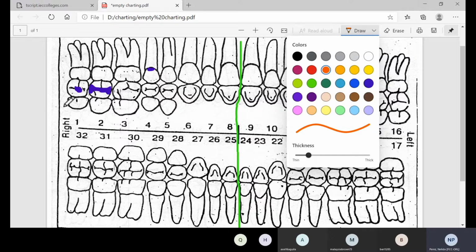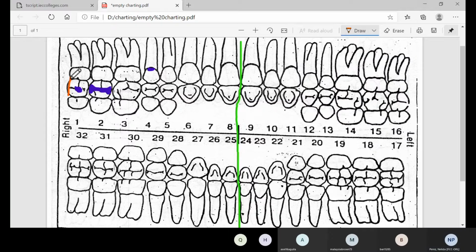So back here of a tooth is the distal. The orange represents distal. Anything closest to the green is the mesial. Okay, so again, this is an MOD amalgam filling.